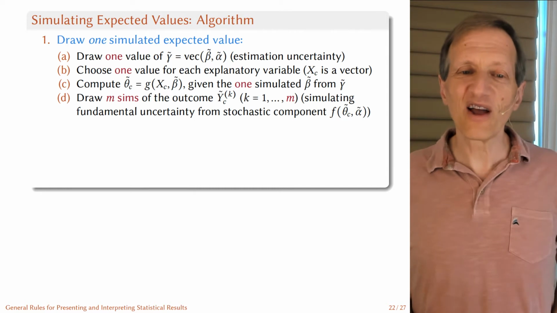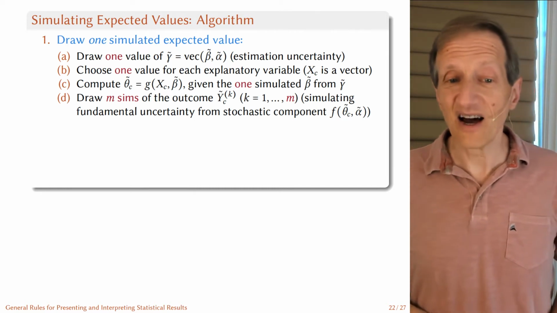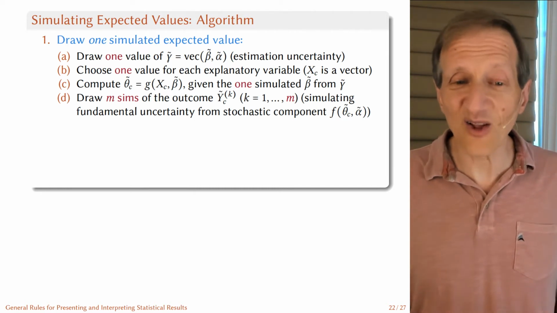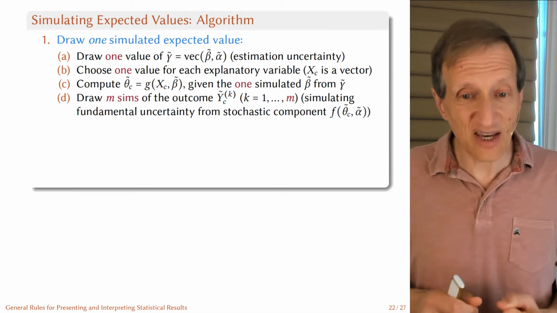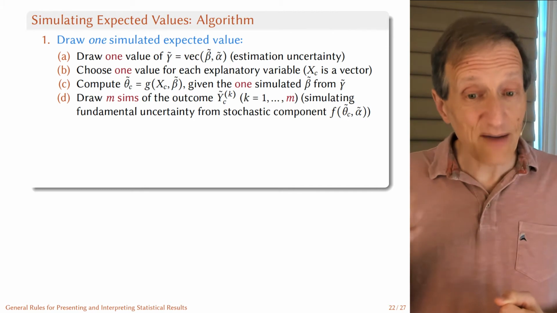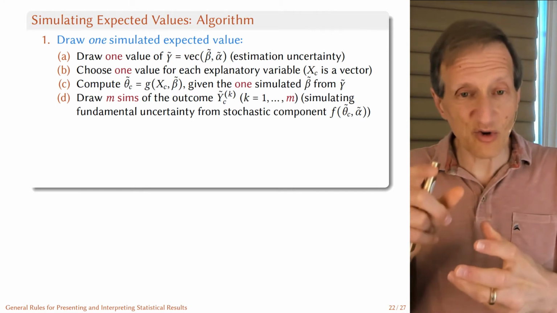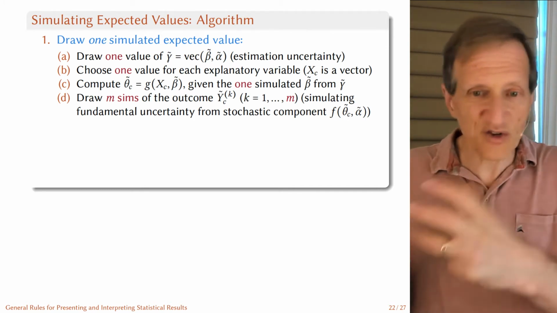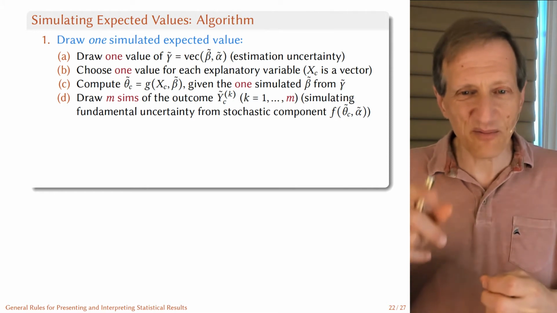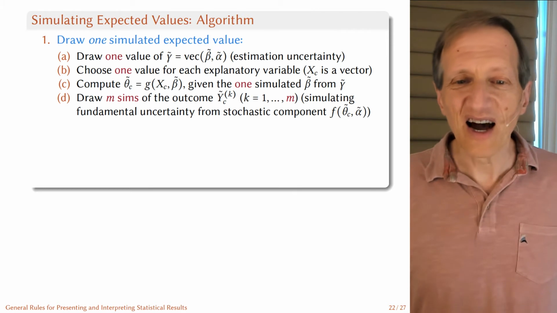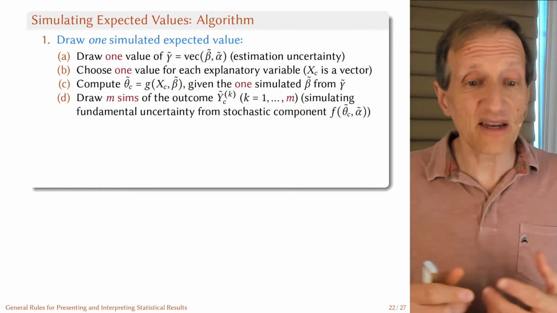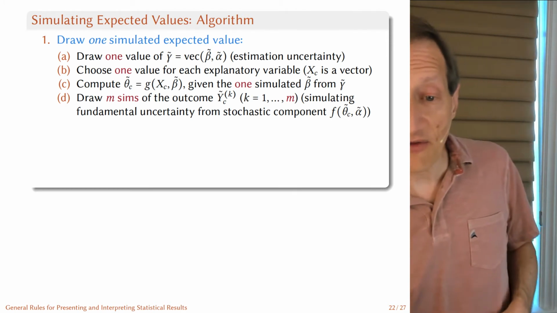Then we draw m simulations, where m is a sufficiently large number, of the outcome y sub c. But since there's m of them, I'm going to have a superscript to explain which one of the m we're talking about. So I'm going to call it k. So that's what the superscript of k is. And this will simulate the fundamental uncertainty from the stochastic component.